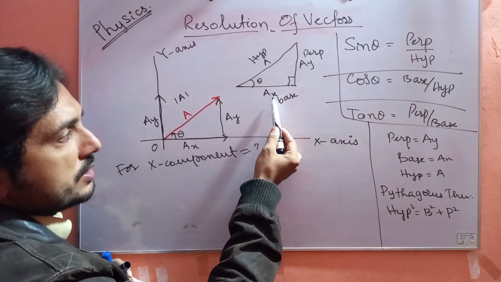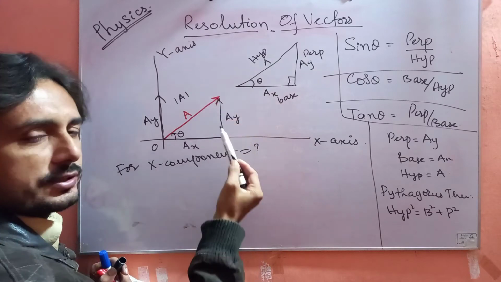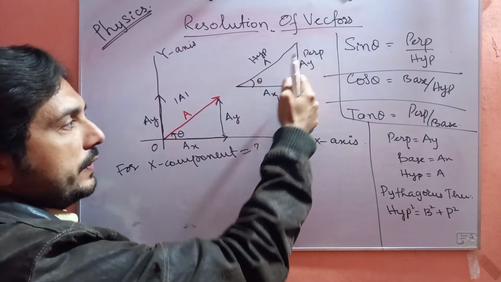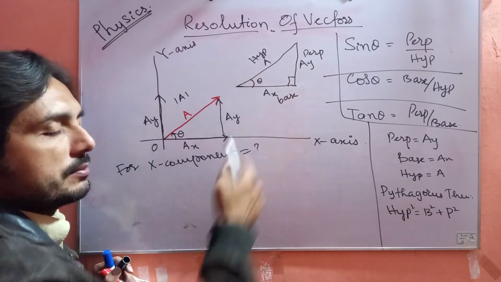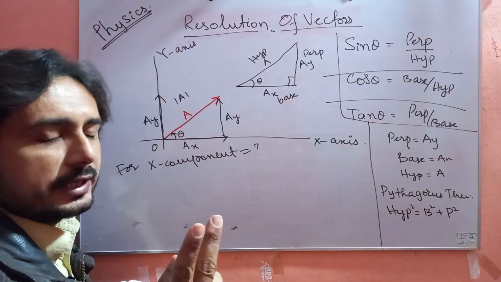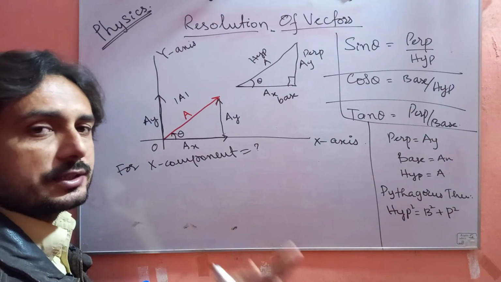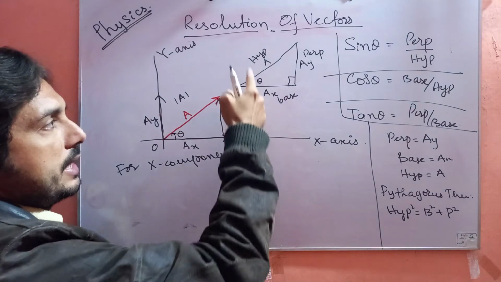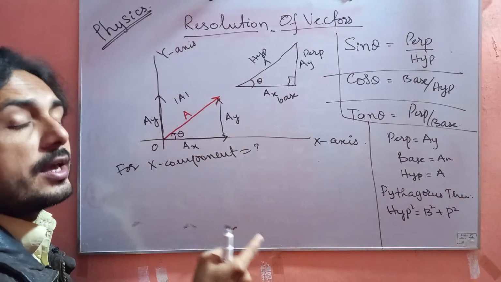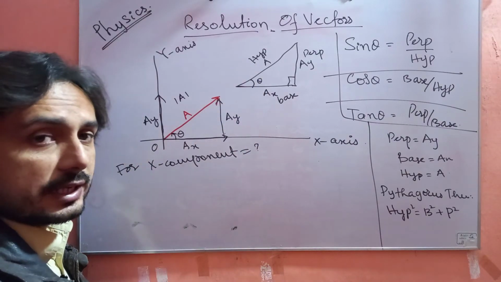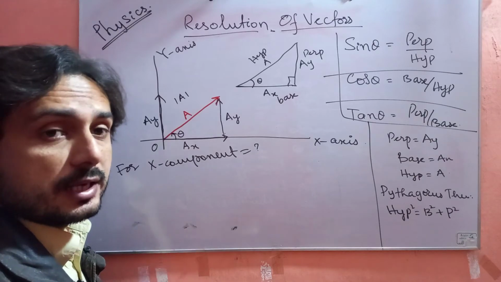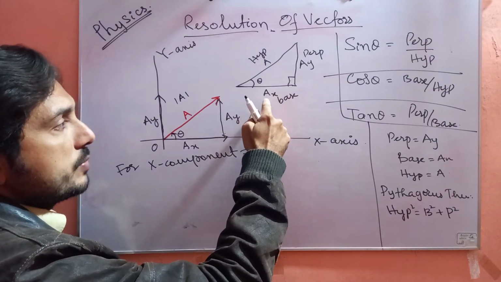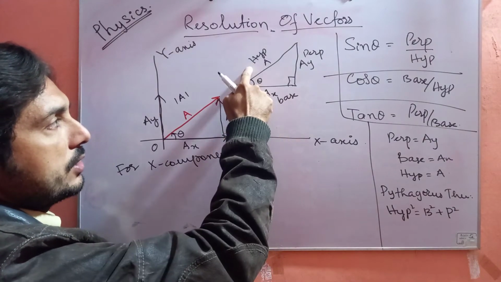It means we have to determine the base, and the hypotenuse is given. Out of the three sides, base, hypotenuse, and perpendicular, we have to use two sides. One would be given, and always the hypotenuse is given, and then you have to use the second side, which is to be determined. So here we have to determine the base, and the hypotenuse is given.